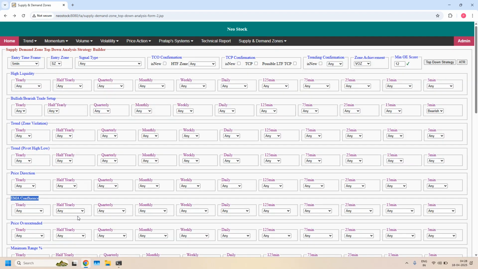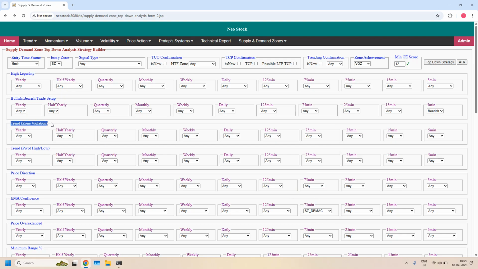In the EMA confluence, at 75 minutes time frame, I am checking 75 minute supply zone is having daily EMA confluence or not.